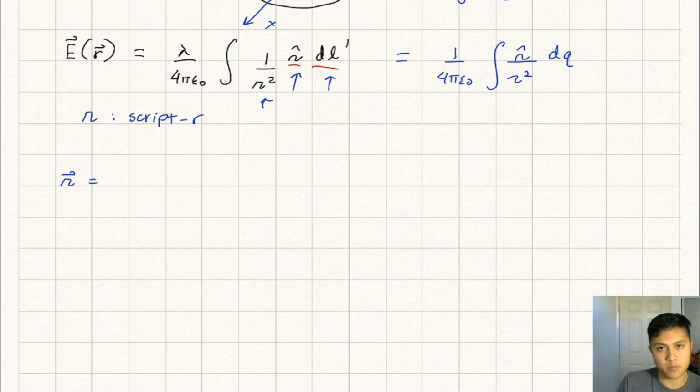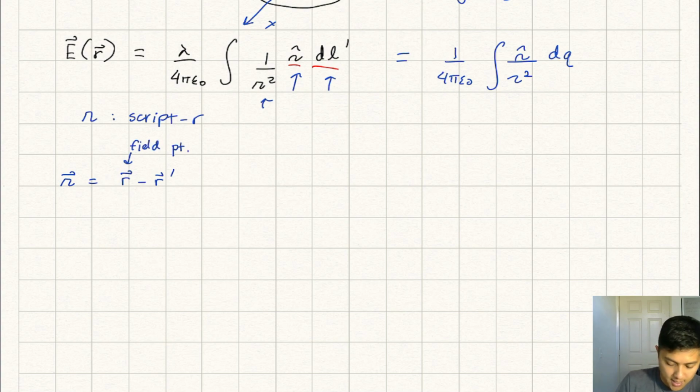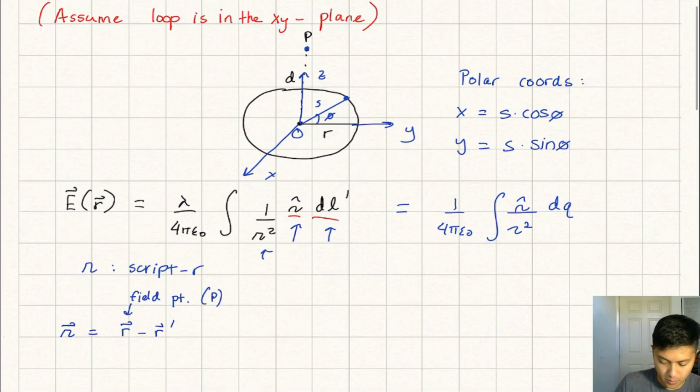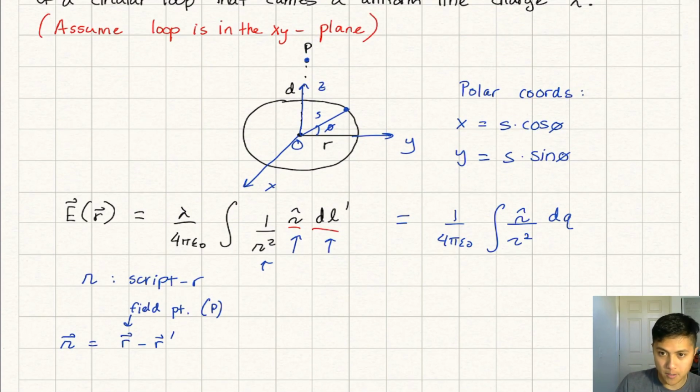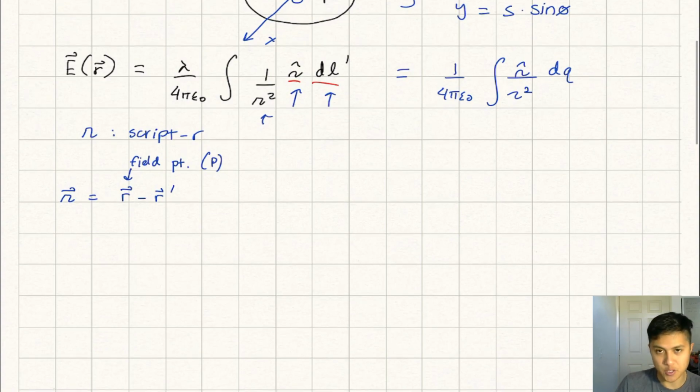In Griffiths' book, the definition of the script r vector is the regular r vector minus r prime. The first r, the non-primed r, is the field point. This is the point where we want to measure the electric field, in this case the point P. We need a vector that describes where that point P is in space.